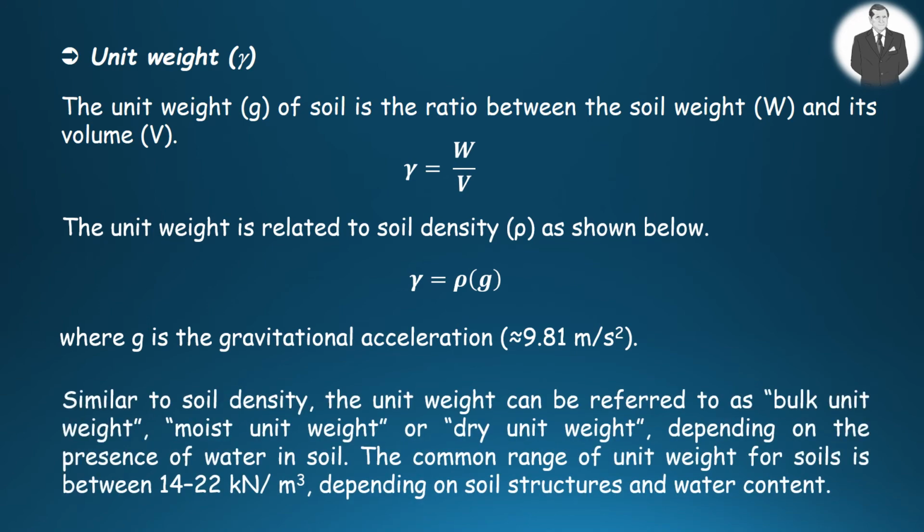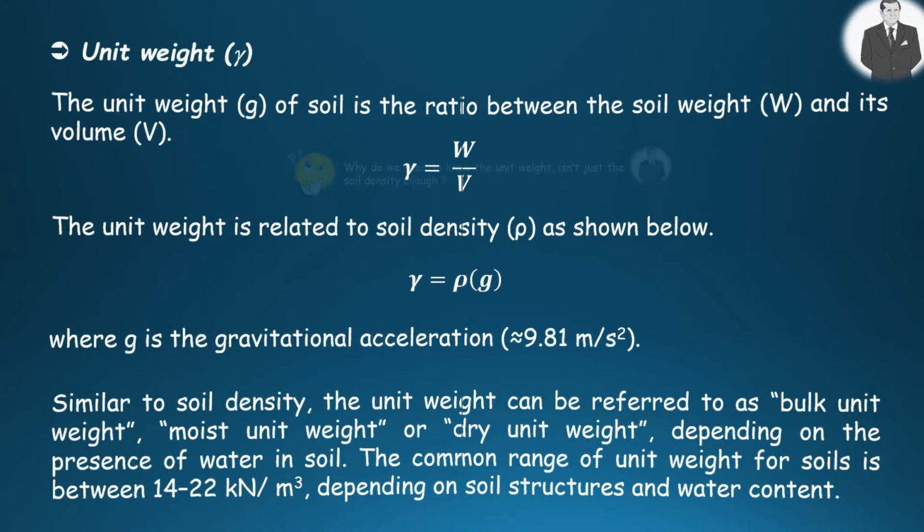Similar to soil density, the unit weight can be referred to as bulk unit weight, moist unit weight, or dry unit weight based on the existence of water in soil. The common range of unit weight for soils is in between 14 and 22 kilonewton per cubic meter, depending on soil structures and water content.